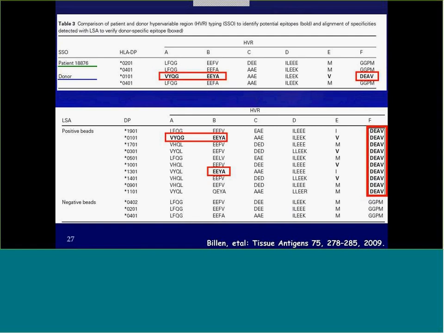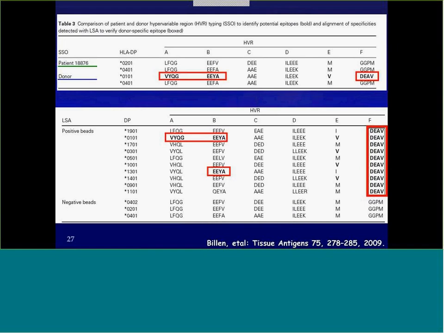The donor is heterozygous for DEAV and GGPM, and that means that the recipient has the ability to recognize DEAV as different and theoretically can make a response. And sure enough, when you take a look at serum from this patient that occurred post-transplant after a rejection episode, you see that every positive bead expressed DEAV.